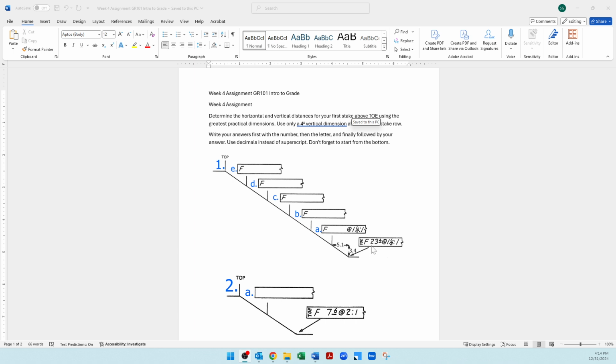Now, take the highest multiple of 4 that can be subtracted from 23.4, and that is 20. What does that leave? Well, 23.4 minus 20 leaves 3.4. Now, what is our ratio?